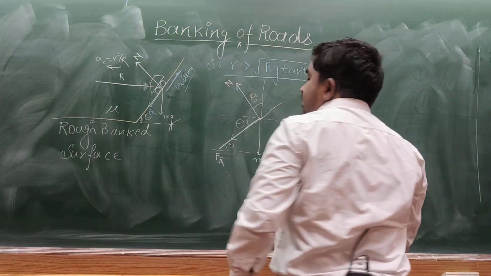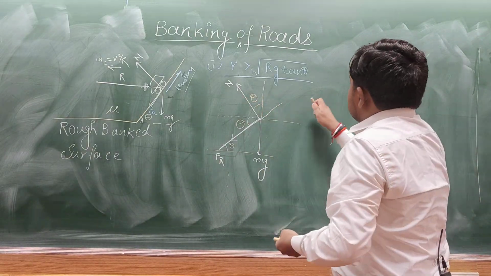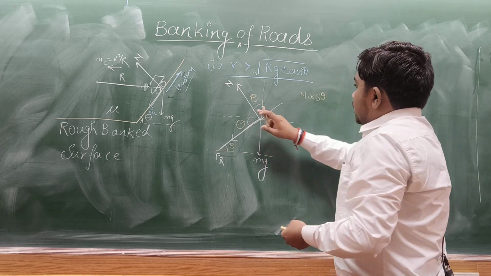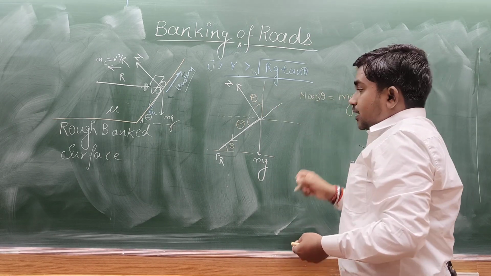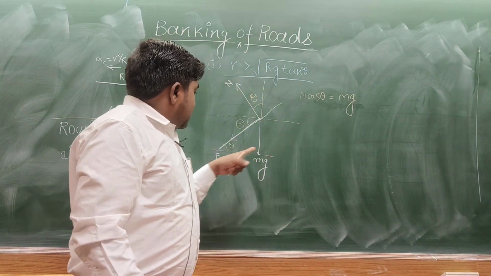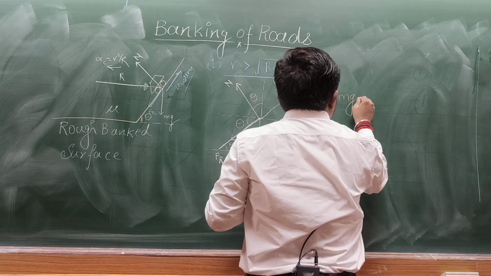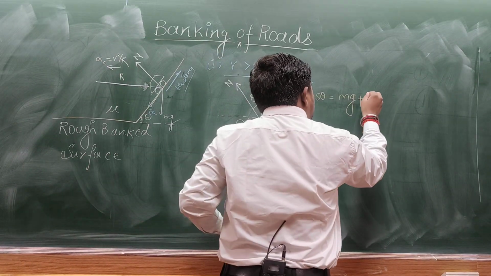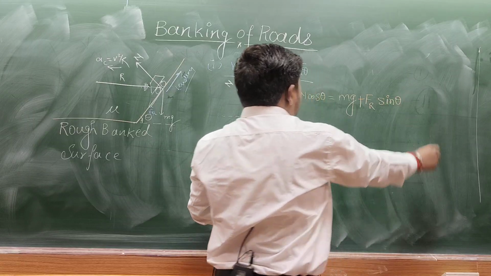Now simple mathematics, trigonometry. Let us break down the forces into components. This is N cos theta. N cos theta will be equal to mg, plus the friction will also have its component: this is Fr cos theta, this is Fr sin theta. So N cos theta equals mg plus Fr sin theta.